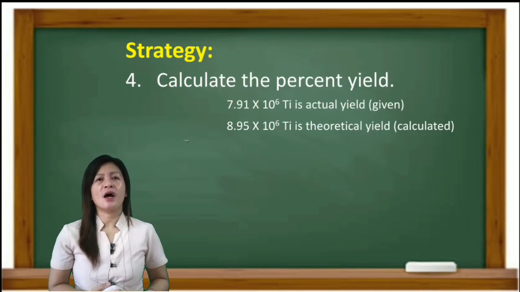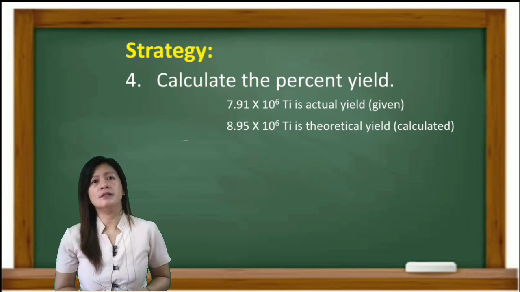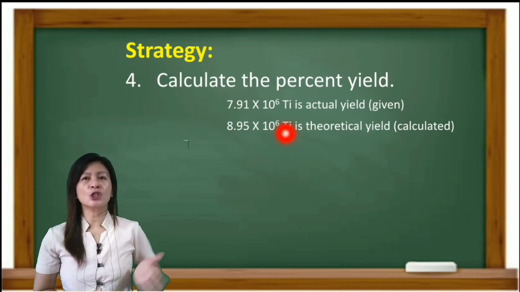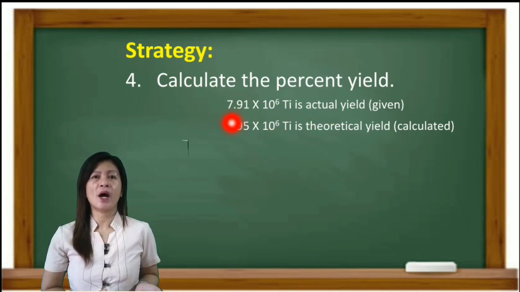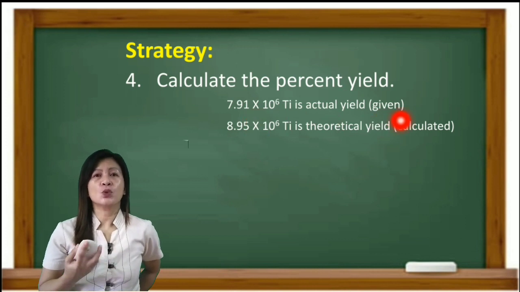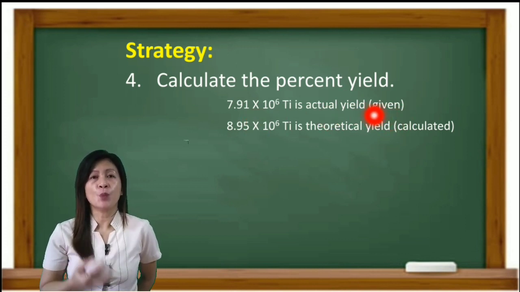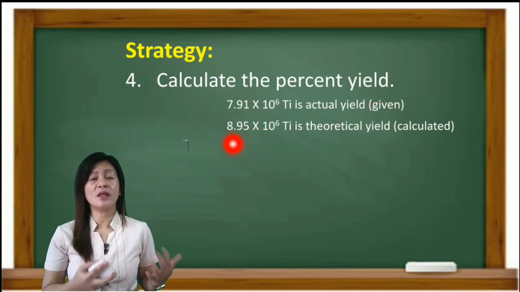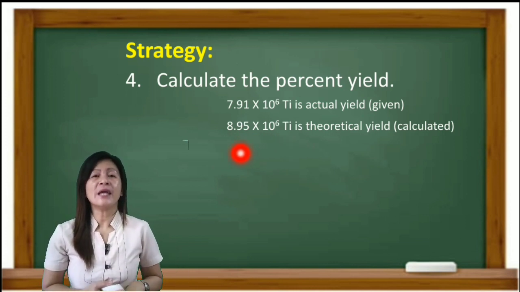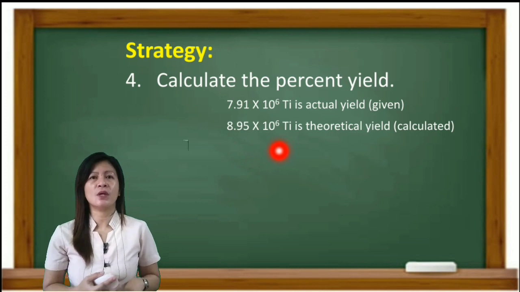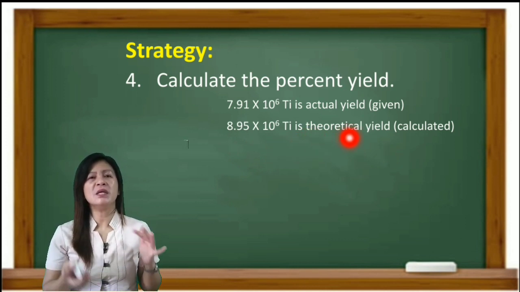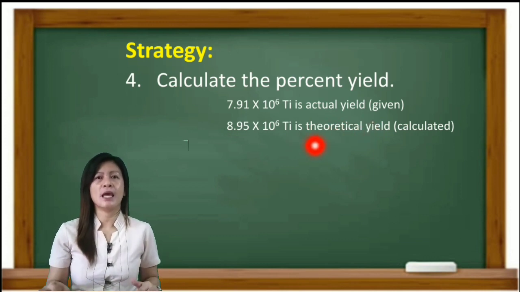Let's now compute for the percent yield. So again, we are given in our problem the actual yield, 7.91 times 10 raised to 6 gram titanium. That actual yield, you will notice, is smaller than the theoretical yield, the one that we calculated in strategy number 3. So our theoretical and actual yields will be needed in calculating the percent yield.